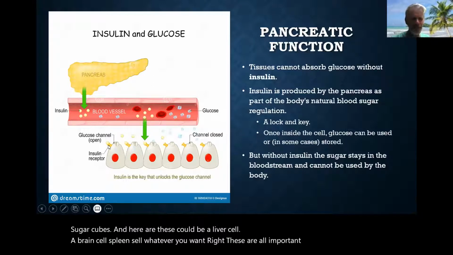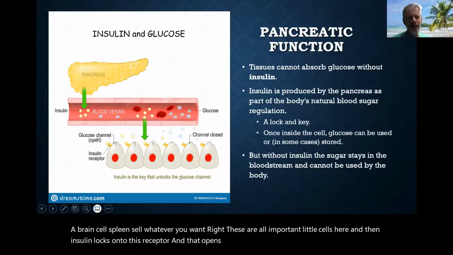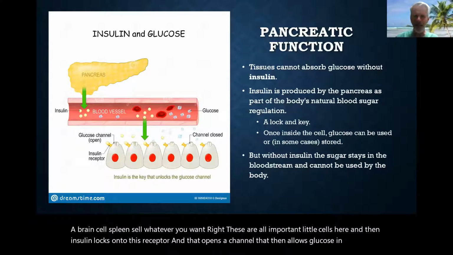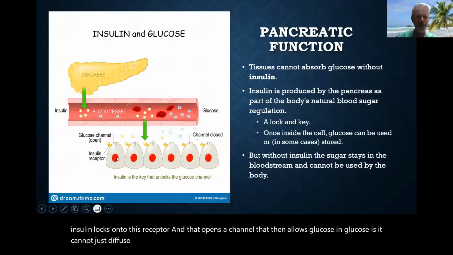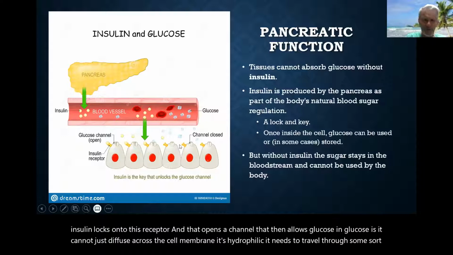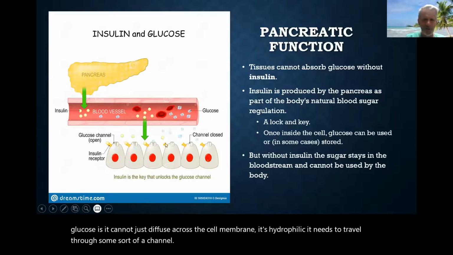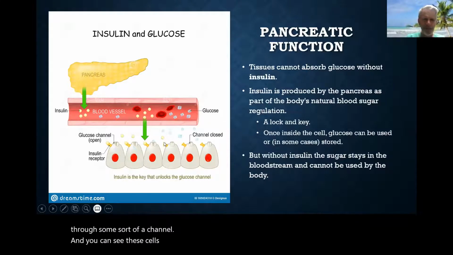And then insulin locks onto this receptor, and that opens a channel that then allows glucose in. Glucose cannot just diffuse across the cell membrane. It's hydrophilic. It needs to travel through some sort of a channel. And you can see these cells, the glucose cannot enter because the insulin has not unlocked the channel yet.